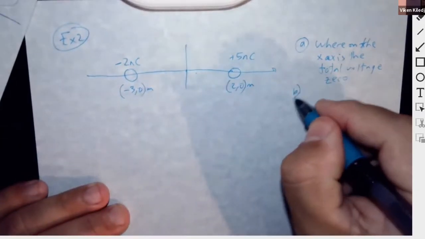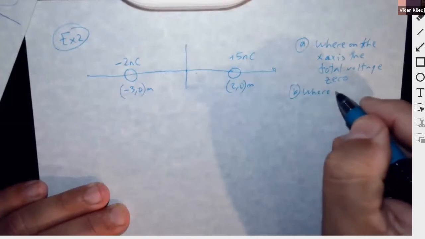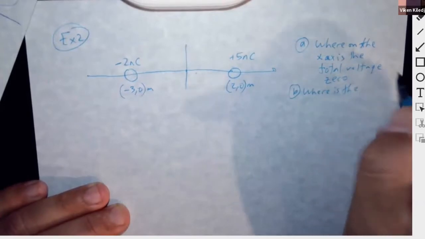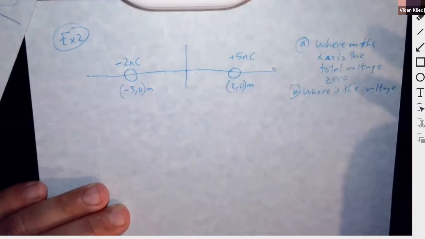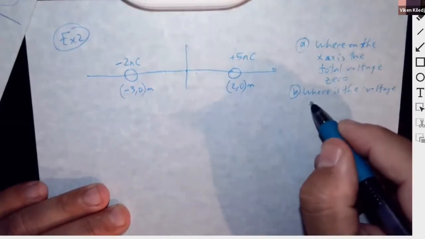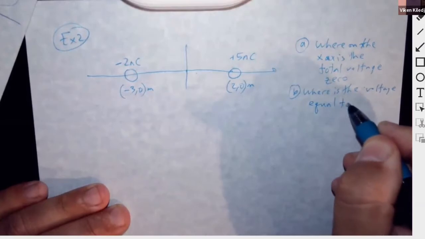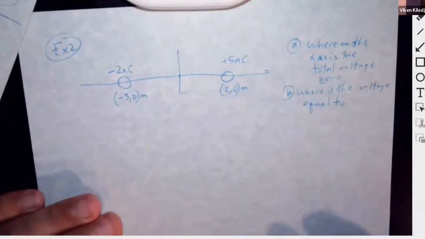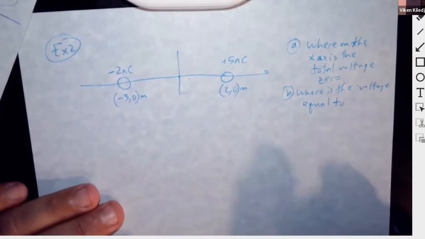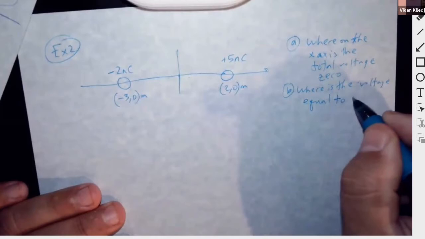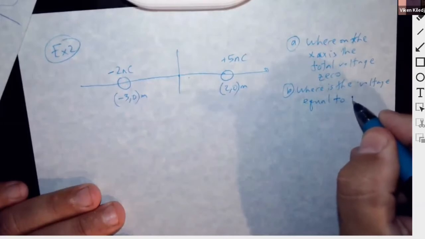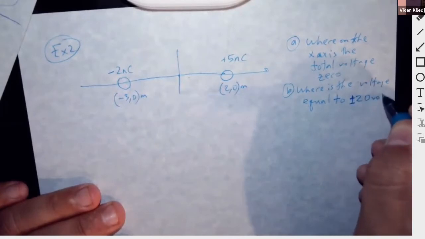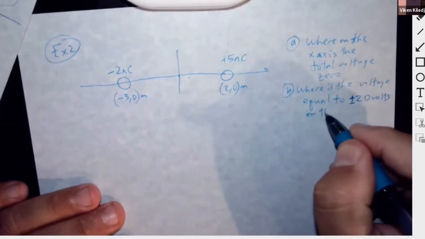And B, where is the total voltage? And then we can say some voltage. Where's the total voltage equal to, let's say, 20 volts, positive or negative 20 volts on the x-axis.